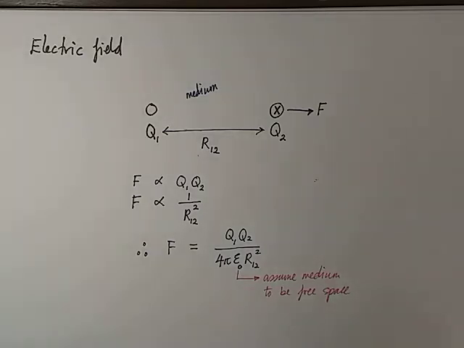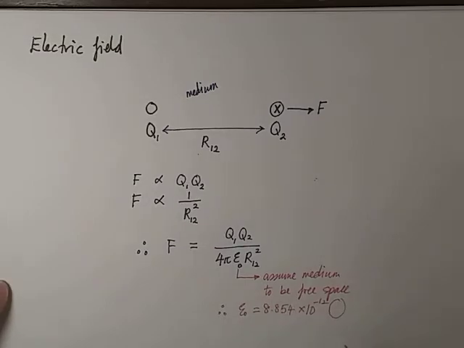When we assume it to be free space, the value of epsilon naught, which is known as the permittivity of free space, will have an exact value equal to 8.854 times 10 to the power of negative 12. So the unit, please find it yourself. I'm sure you need to do some sort of your own research, so I'm not going to put the unit here. Please do it yourself. So that should be what Coulomb concluded based on his experiment.